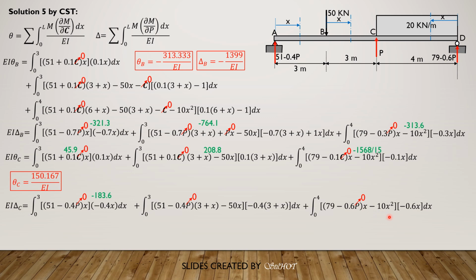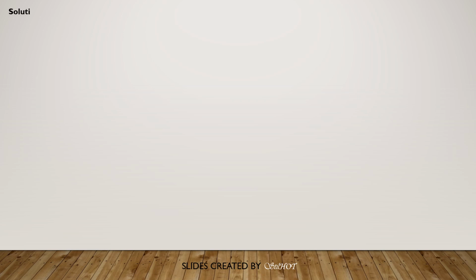And here, this is the new one, so if we evaluate this, it gives us negative 627.2, which is the same as the value of the integral when we set x at the last section from C. So combining, delta C is equal to negative 1646 over EI. So that's it. Let's have solution number 6 by three moment equations.